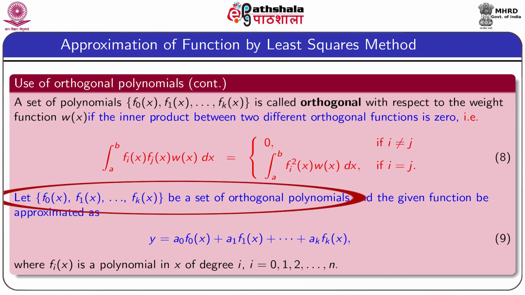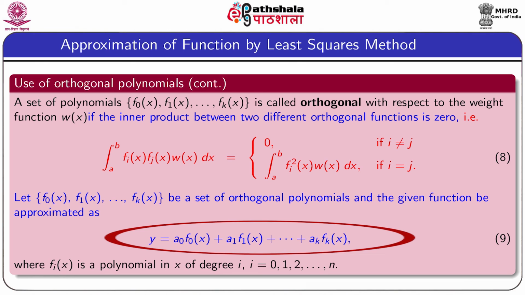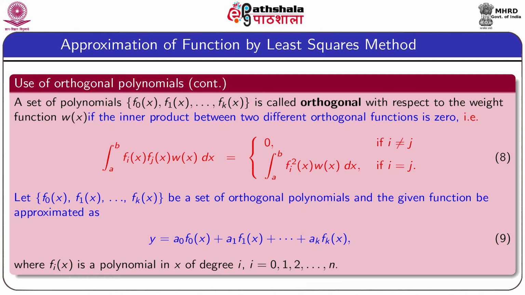Let f0(x), f1(x) up to fk(x) be a set of orthogonal polynomials and the given function be approximated as y equals a0 into f0(x) plus a1 into f1(x) plus dot dot dot plus ak into fk(x), where f0(x), f1(x), f2(x) up to fk(x) are the orthogonal polynomials and fi(x) is a polynomial in x of degree i.